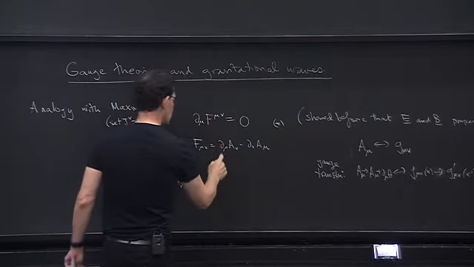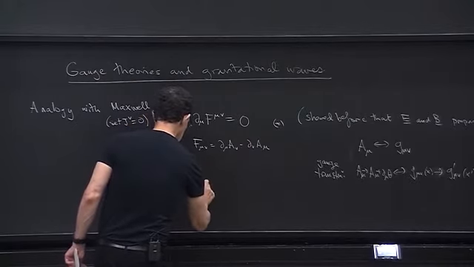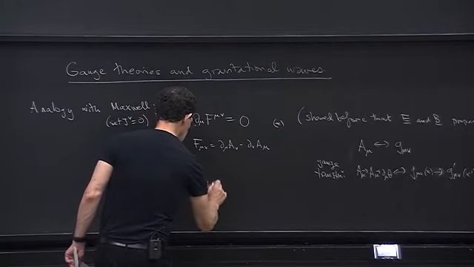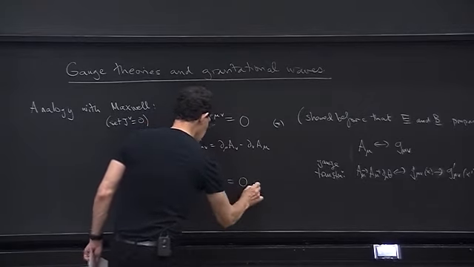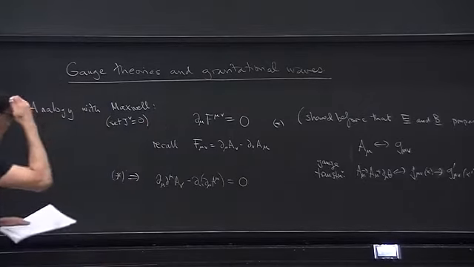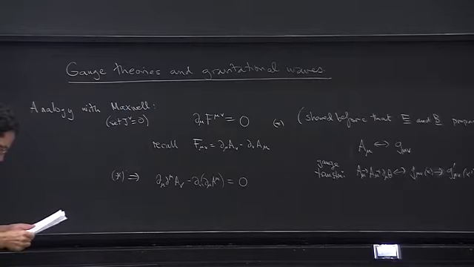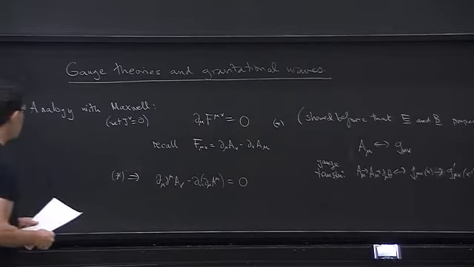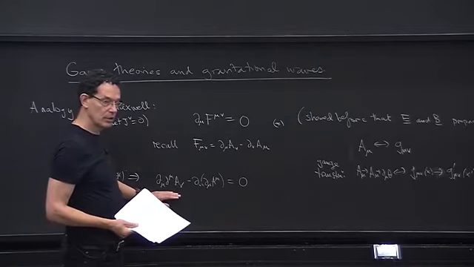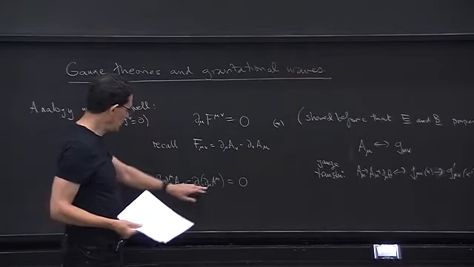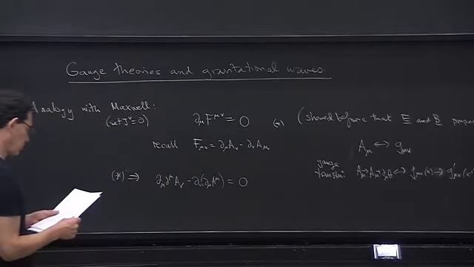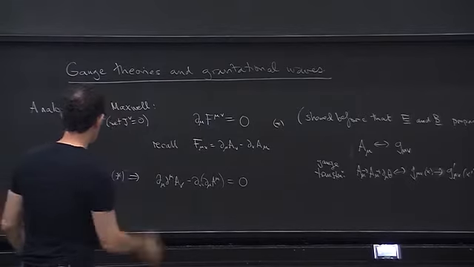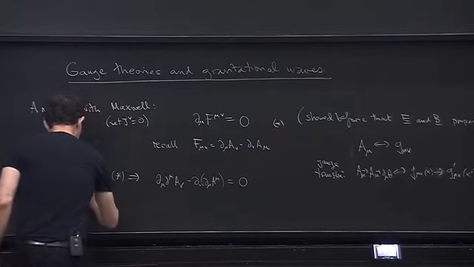And then the second term is minus d nu d mu A mu, equals 0. So that's Maxwell's equations in terms of A. So it's almost the wave equation. This term is the wave equation, but there's this funny term here. So it's not quite the wave equation.